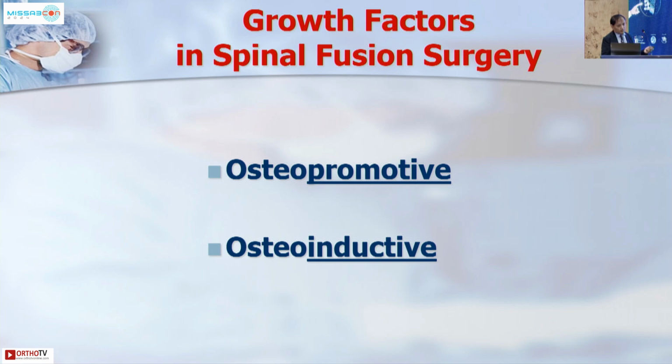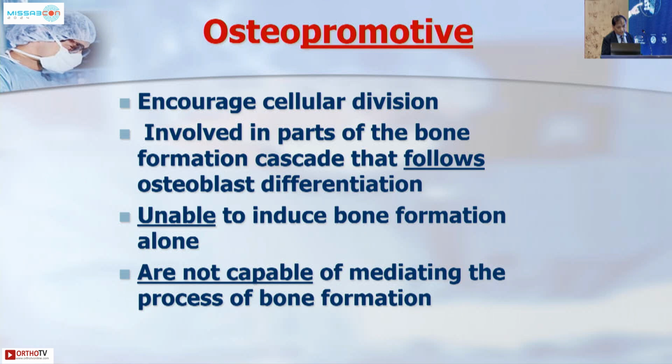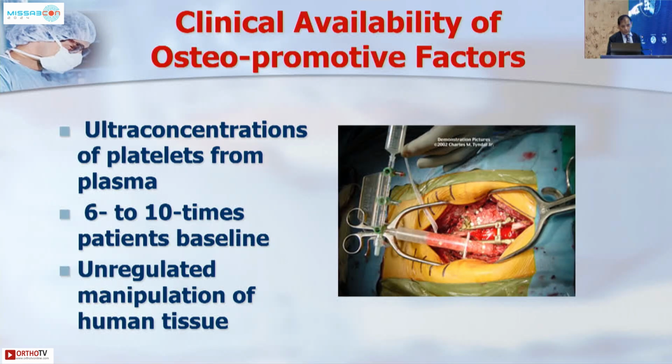So growth factors in spinal fusion surgery: osteopromotive and osteoinductive. Osteopromotive encourages cellular division and is part of the bone formation cascade, but it is unable to induce bone formation alone, and is not capable of mediating the process of bone formation. So you can see the platelet plasma being used here.